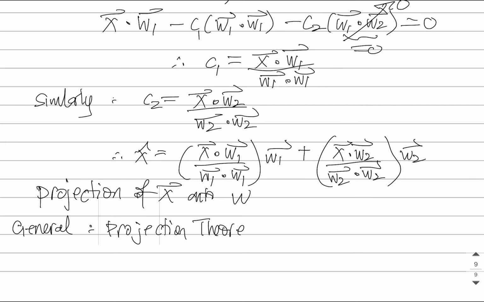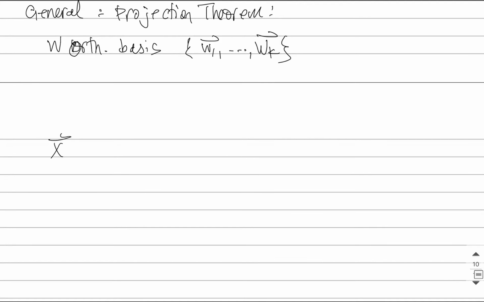Now, in general, we've got something called a projection theorem. If you take any vector x and you want to project it onto a subspace with an orthogonal basis, so let's say w has orthogonal basis w1 down to wk, you are going to be able to write x in terms of that basis.